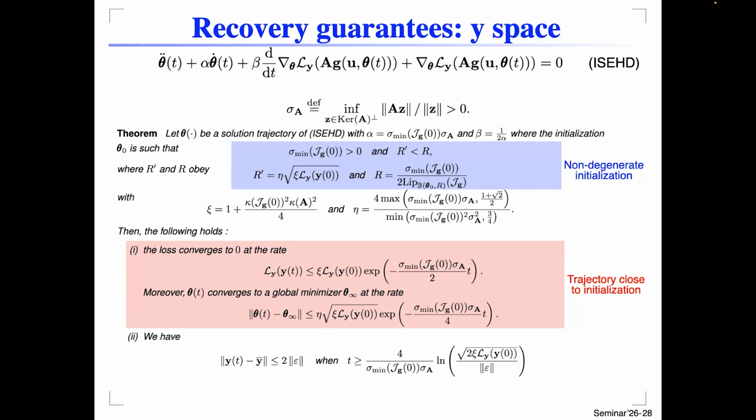And the other thing is, if I stop my algorithm at this iteration, then the difference between the output, the observation at time t, and the actual observation, the y bar, is controlled. Remember, I wanted to solve y equal to A x bar plus epsilon, and y bar is the perfect observation without noise.